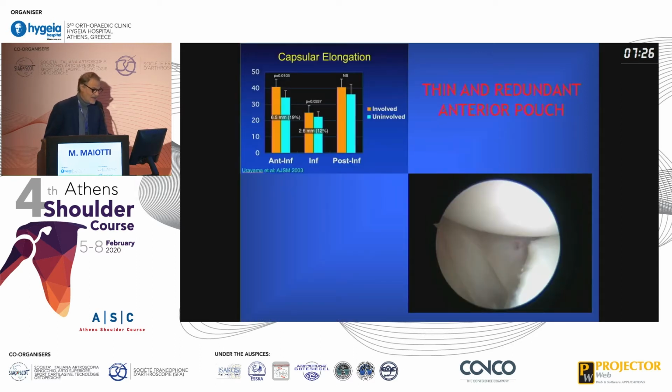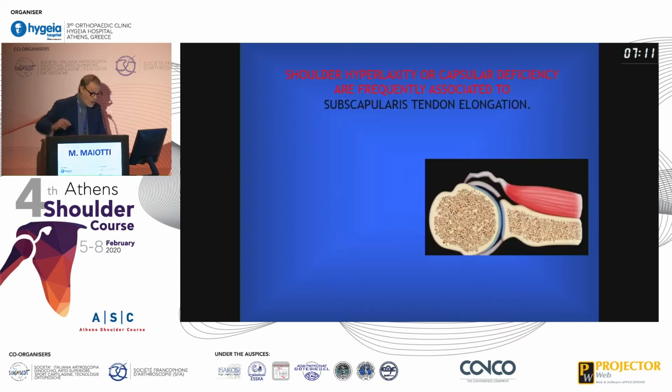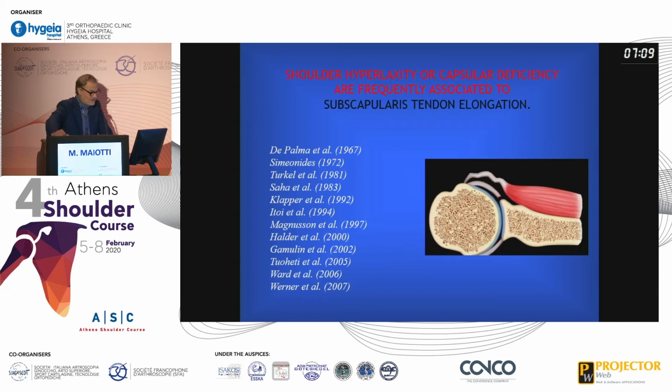And the anatomic pathological problem is usually a thin and redundant anterior pouch. Here, if you do a Bankart repair, you're going to fail. Or you have an aplasia of the anterior labrum, or, as all these guys have told in the past, you may frequently have a hyperlaxity or an elongation of the subscapularis tendon, after repetitive trauma or constitutional.